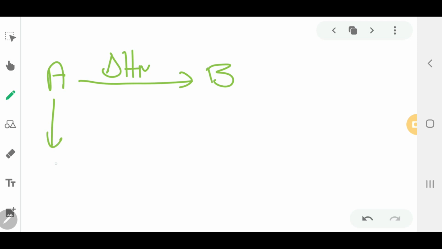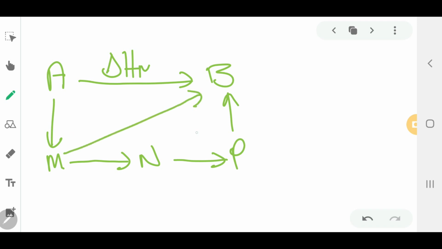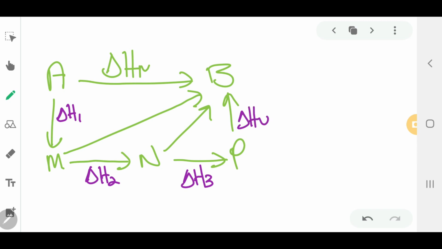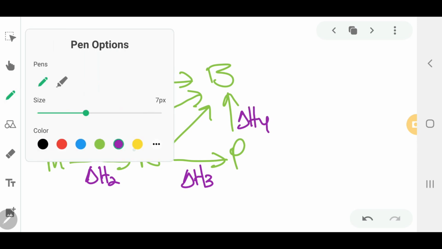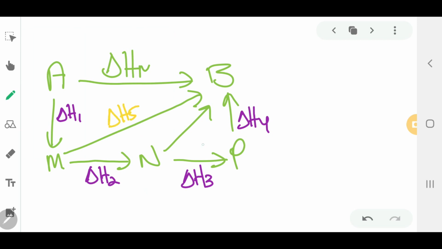Then A converts into M, M converts into N, N converts into P, then P converts into B. You will have another reaction, perhaps M directly to B or N directly to B without going through P. Therefore, over here you have delta H1, delta H2, delta H3, delta H4, and then here delta H5, delta H6.